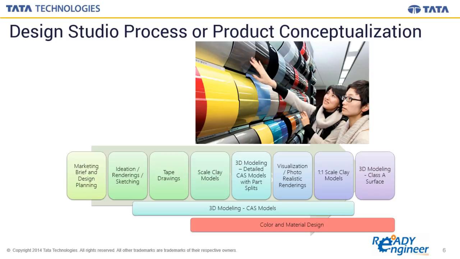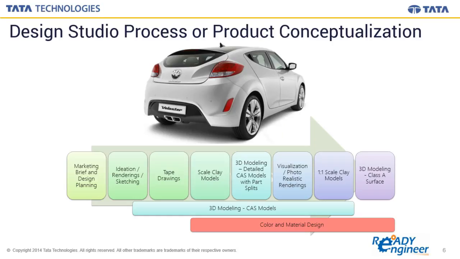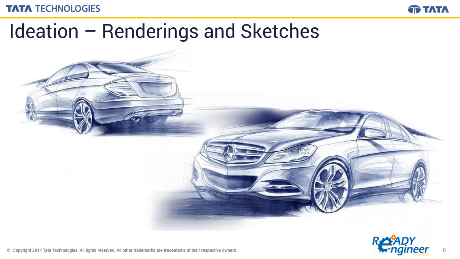We have colors from papaya orange to purple, and we also have decent or more sober colors, which we call white and gray. And through all this process we are able to develop a car which is the intended product in the end.